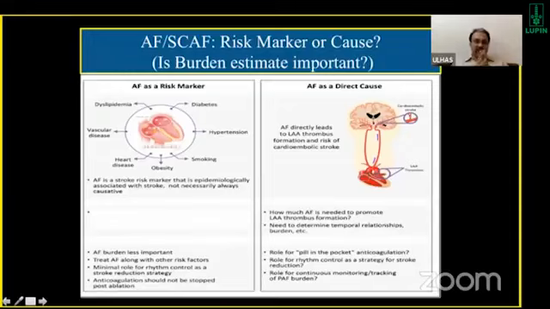But if you are unbiased, for both ways of thinking about AF, either as a risk marker or as per se causing stroke, you will have to accept both of these theories.